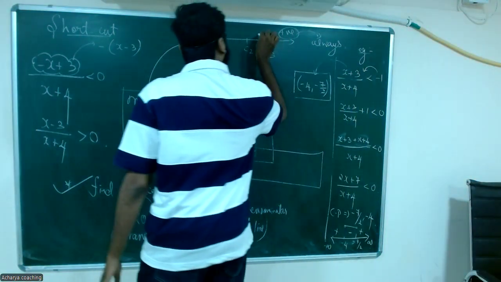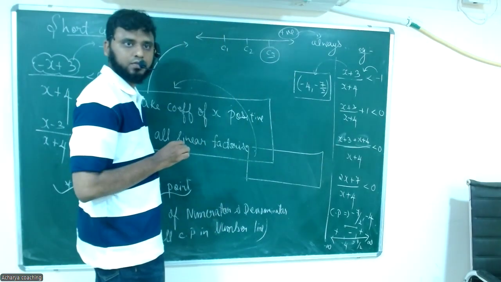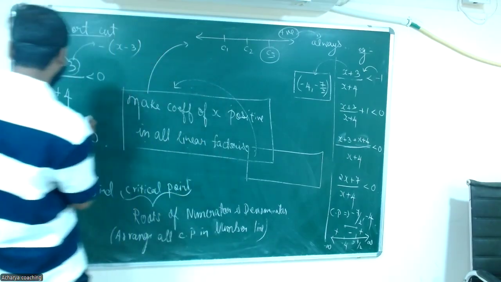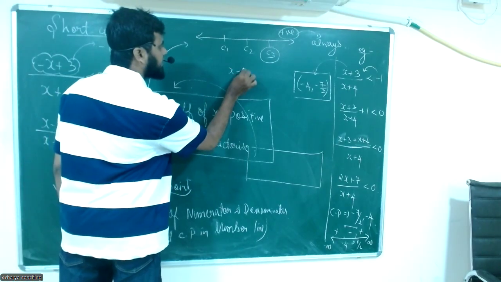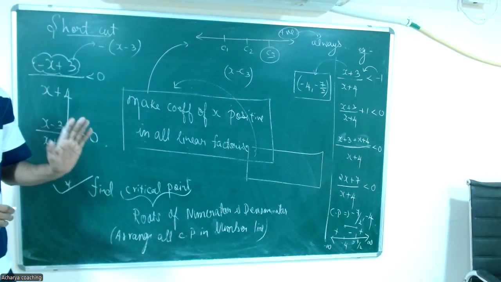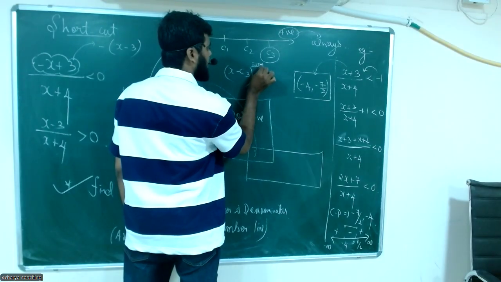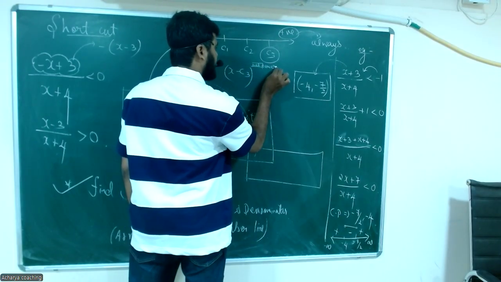Now what sign we have to write here? That depends on this, which is C3, right? For sure, in that format, x minus C3 will be there, right? So you have to calculate the net power of this. What is net power?